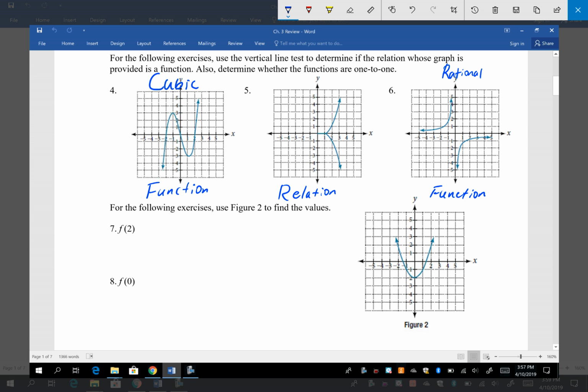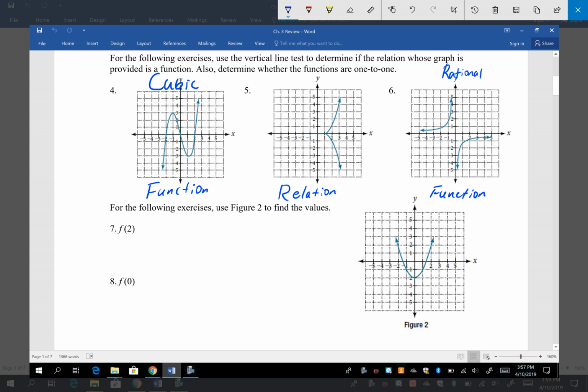Now the question is, once you check the functions, right, you see that they're functions, then you want to ask yourself if they're one-to-one. The definition of one-to-one that's in your key terms probably says something to the effect of each input has a unique output. So there's no repeats in the y values. All right? So we test that graphically with the horizontal line test.